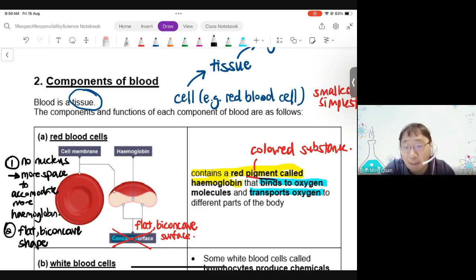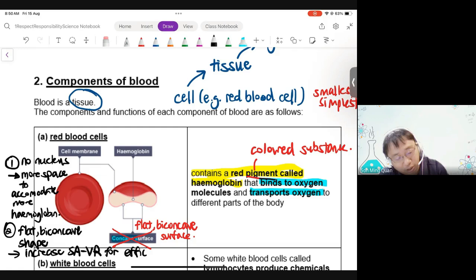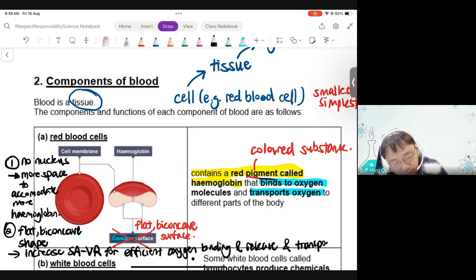This is an adaptation of the red blood cell to increase this familiar concept called surface area to volume ratio for efficient oxygen binding and release and transport.